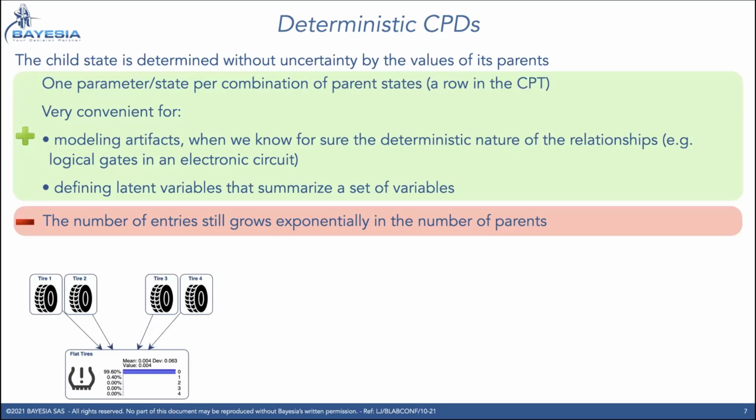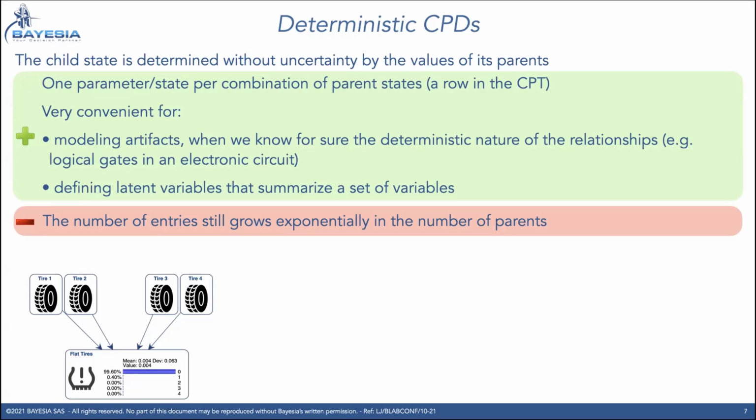But before going into this example, at the end of the day, as I said before, we are still going to create a conditional probability distribution that grows exponentially with respect to the number of parents. So in the example below, you see I have 4 nodes, one per tire, with a car, obviously. And I have a node, my latent variable here, that summarizes 4 nodes.